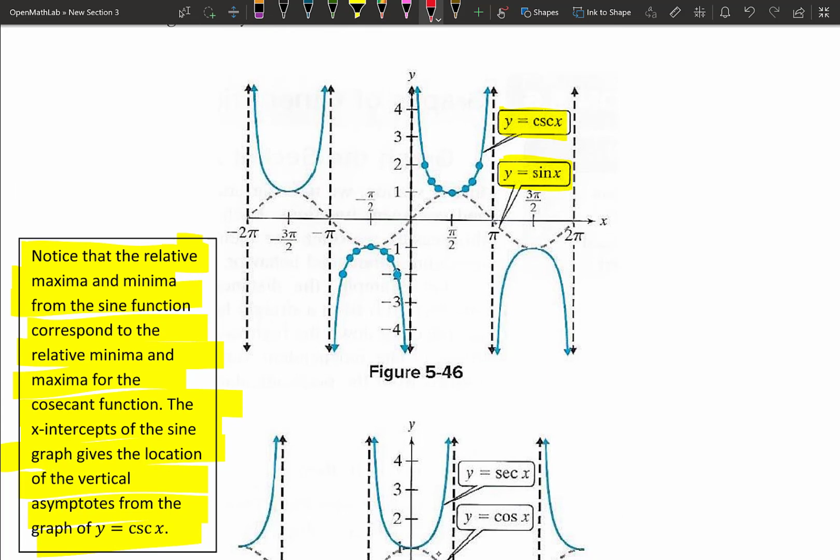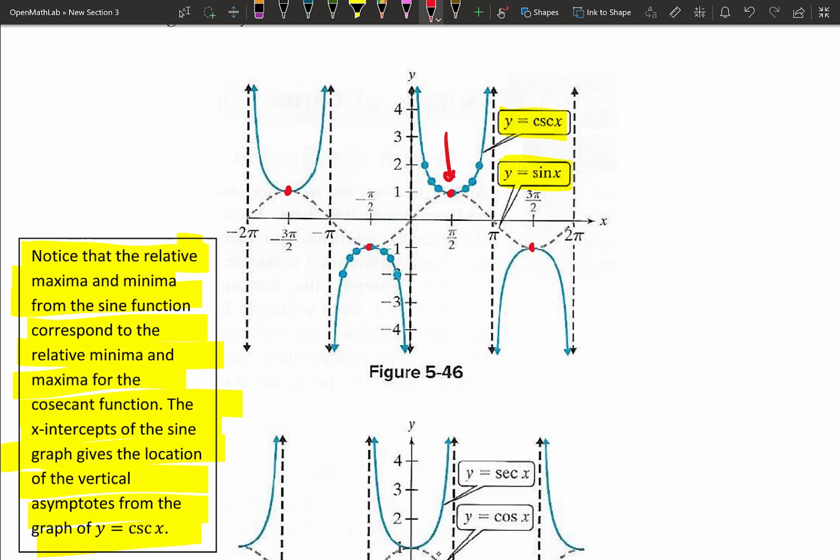What we're realizing are these points that I'm putting in red. If I focus on the one at pi over 2, that is a maximum for sine of x, but it becomes a minimum for cosecant of x. You can see how those are related, and that same point exists on both graphs.